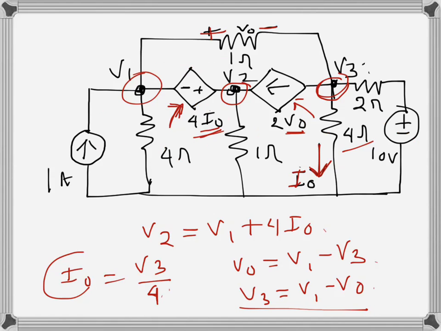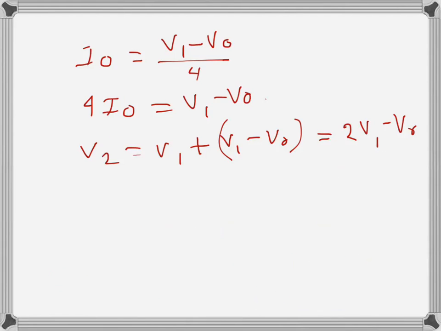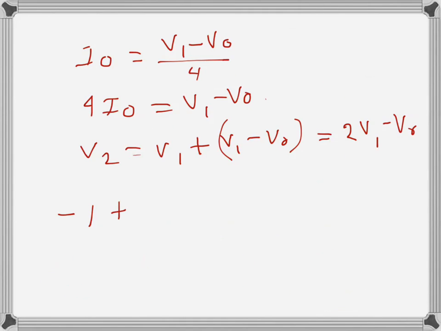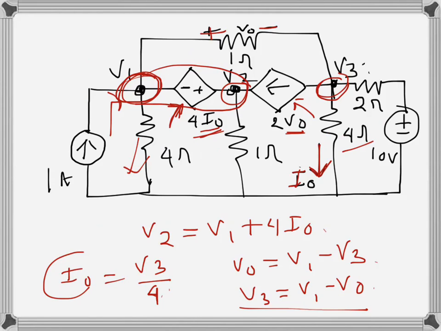So first we can write KCL for this node, and this will be a super node. First this entering current, 1 amp, so minus 1, because it's entering; I'm writing the leaving current as positive. So V1 over 4, this current, plus V1 over 4, then this current will be V1 minus V3 over 1, or directly V0 over 1.